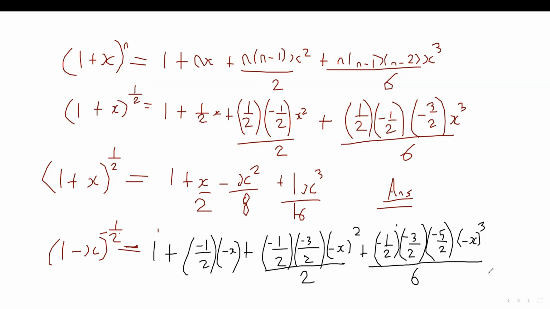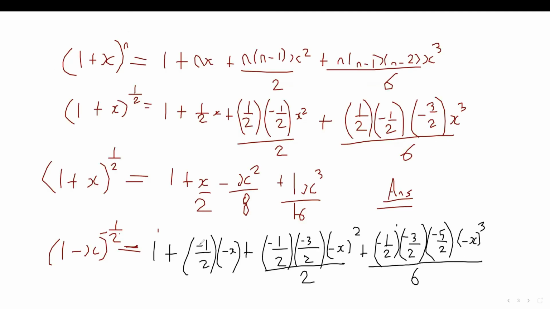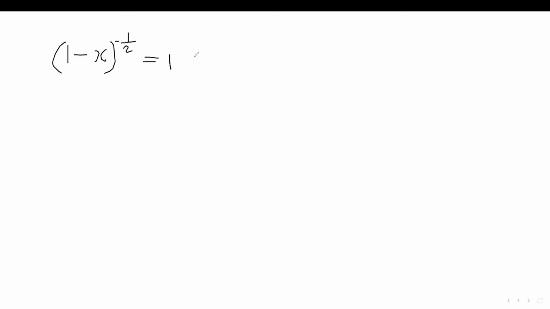So now we need to simplify this, Marika. So now, simplifying, we have 1 minus x raised to the minus half. This is now going to be equal to, going back around here, this minus x cancel this, work out to be 1 plus x over 2.